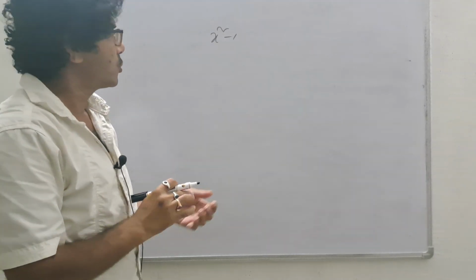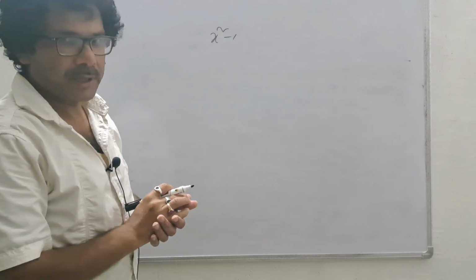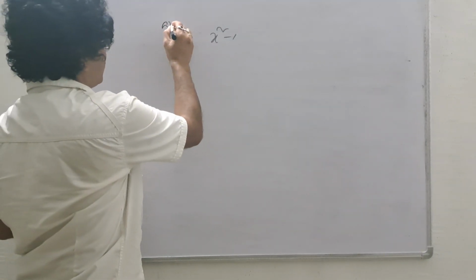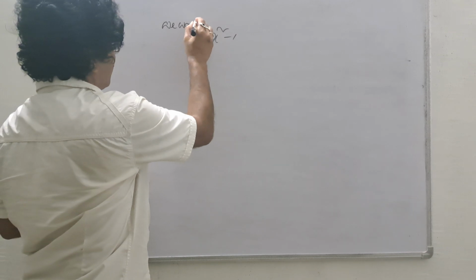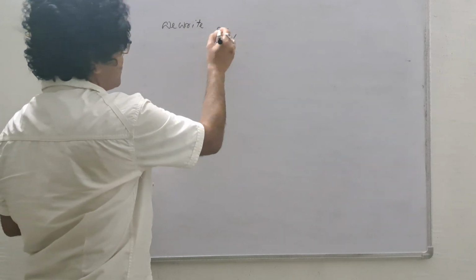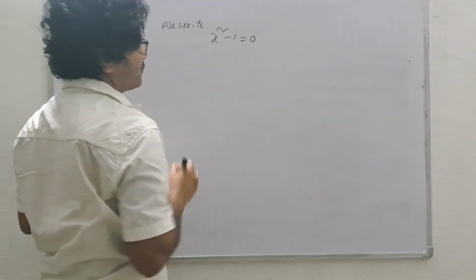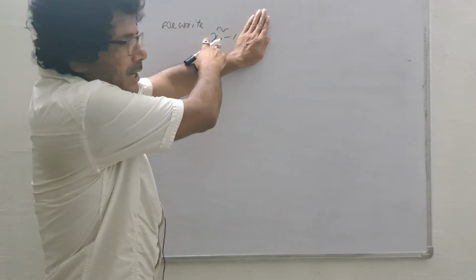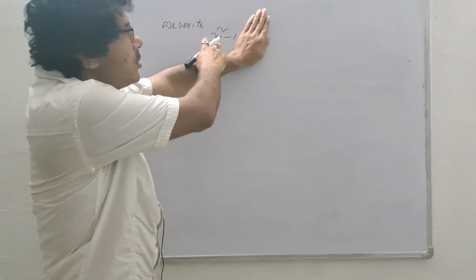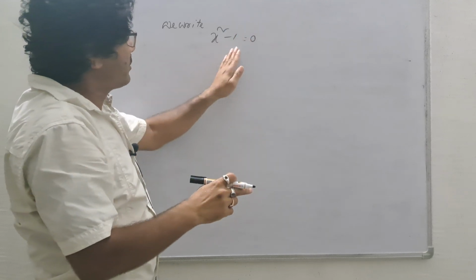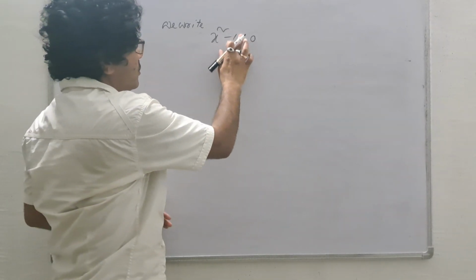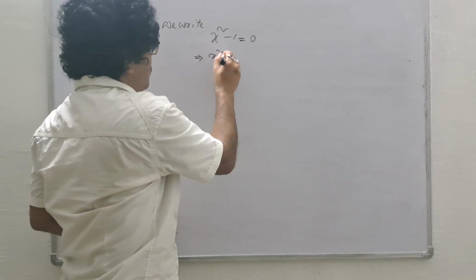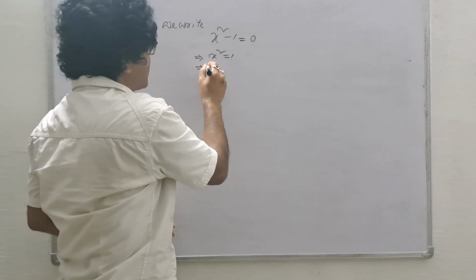To find the zeros of a polynomial, you just write the polynomial equal to 0. That is, to find the zeros of this polynomial x squared minus 1, we write x squared minus 1 is equal to 0. And after that, you find the value of x.